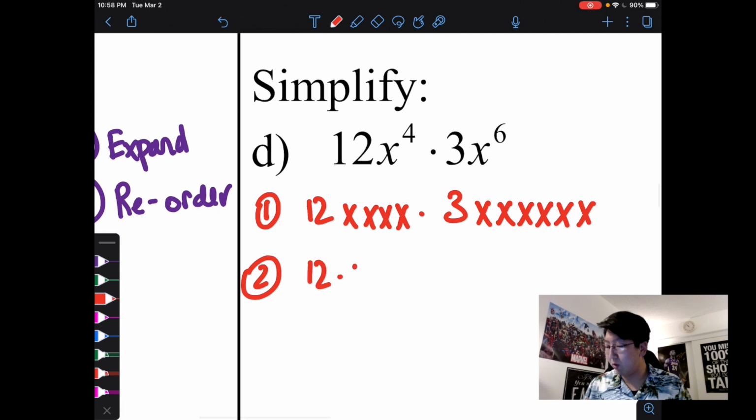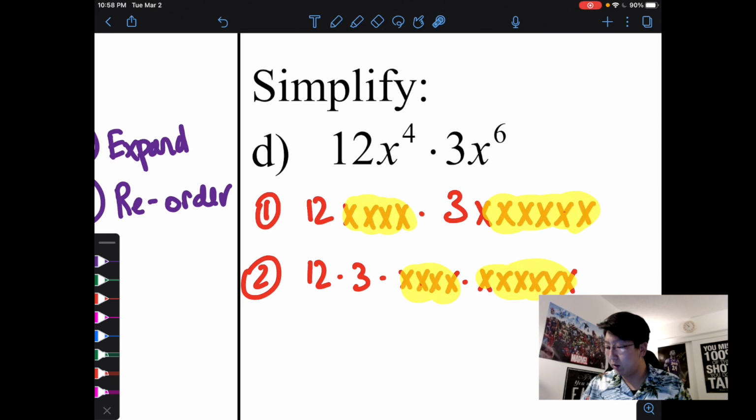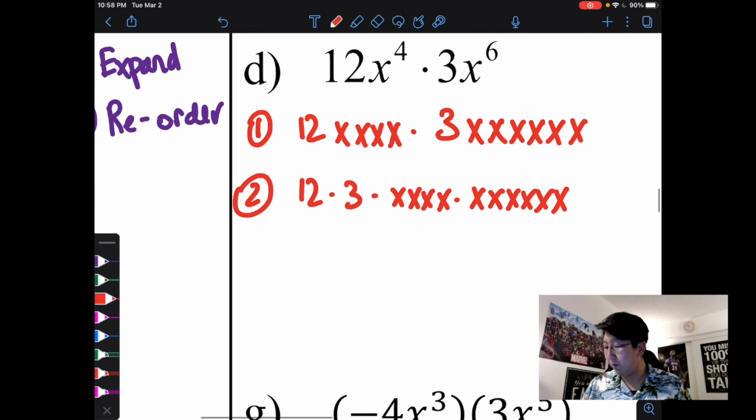Second step, reorder. Numbers first, so 12 times 3 times 1, 2, 3, 4 times 1, 2, 3, 4, 5, 6. 12 times 3, numbers first, and then we have 4 x's and then 6 x's here.